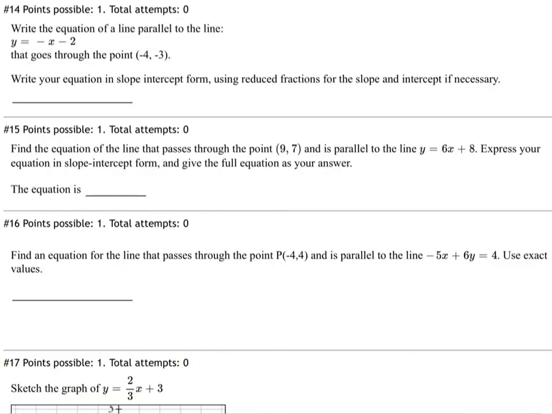All right, let's pick it up on number 14. Write the equation of a line parallel to the line that goes through the points. Okay, so yeah, these ones are not easy either. Let's try this. So I'm going to move it to a fresh screen here.